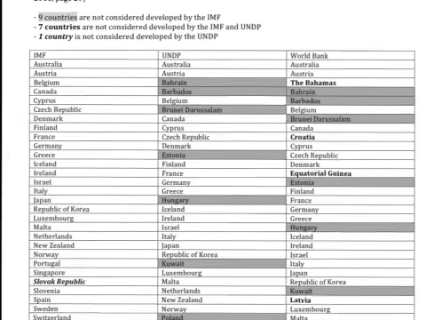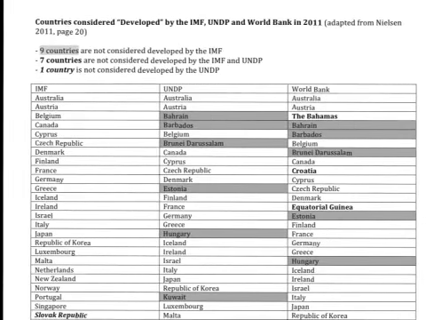So if we look, they don't agree on who is developed. 9 countries are not considered developed by the International Monetary Fund, but considered developed by the UNDP and the World Bank. 7 countries are not considered developed by the International Monetary Fund and the UNDP, and just 1 country is not considered developed by the UNDP.